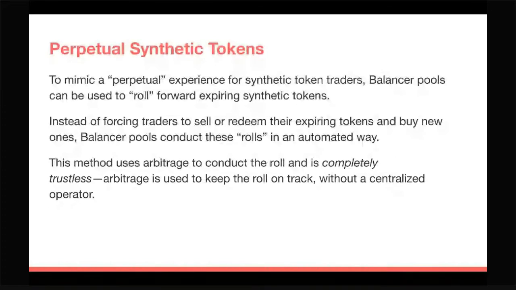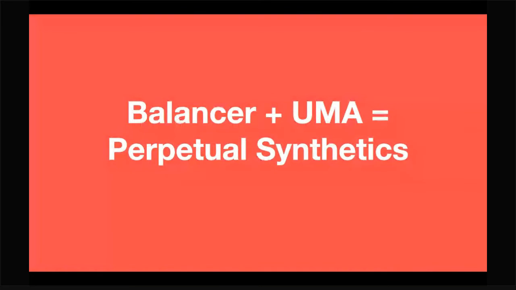The really cool thing about this design is that it purely uses arbitrage to conduct the roll, and is completely trustless. There's no centralized operator or centralized price feed being used for the funding rate adjustment, or to figure out when you should buy or sell one token for the next. Hit the next slide.